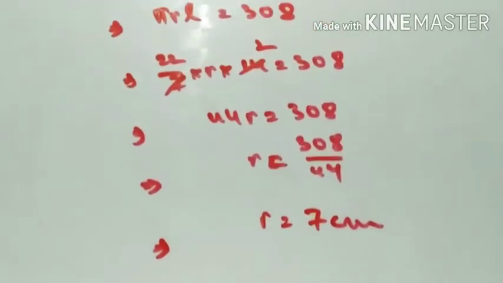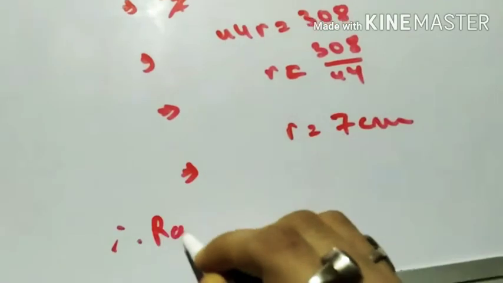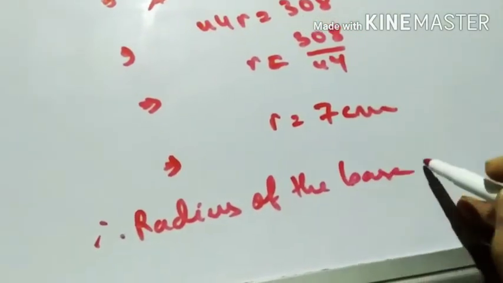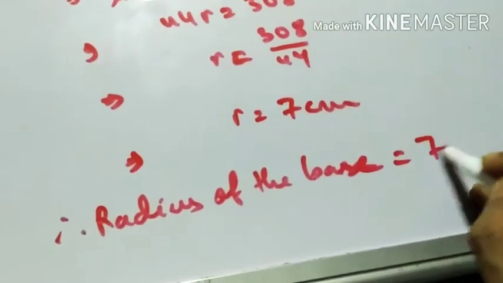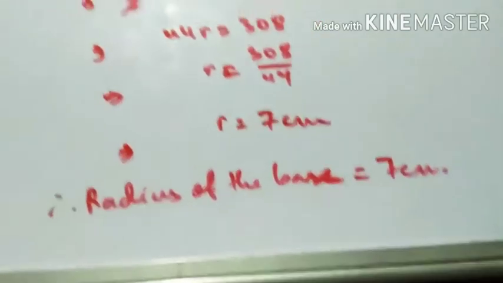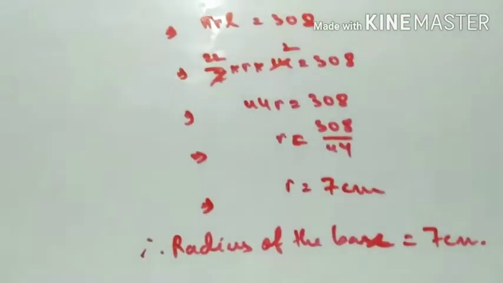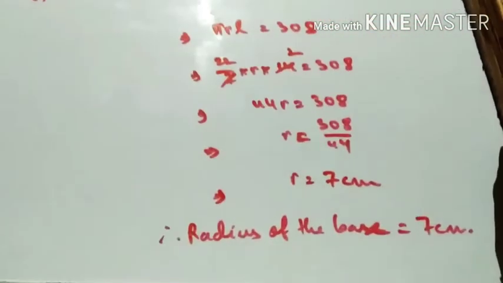R is equal to 7 centimeter. Therefore, the radius of the base is equal to 7 centimeter. First one finished. Next we will do number 2.